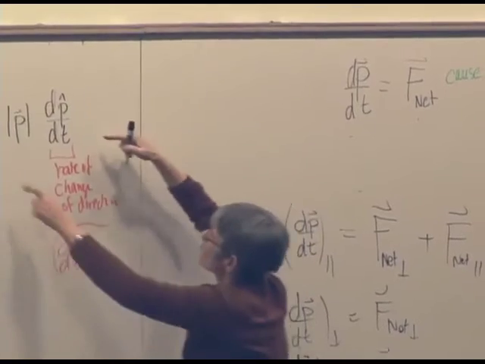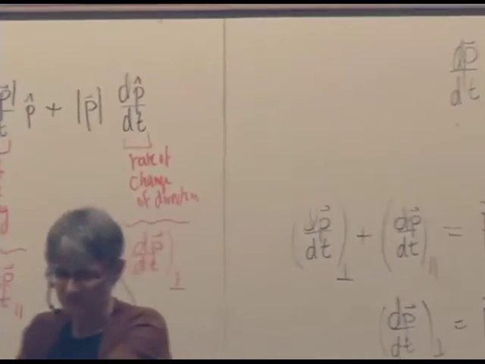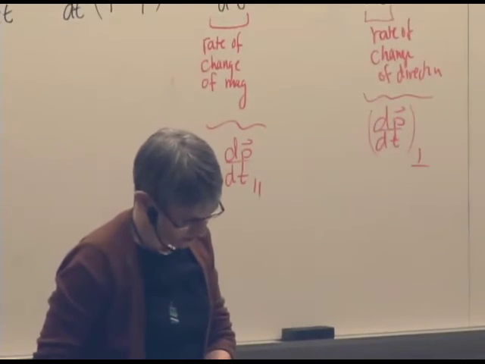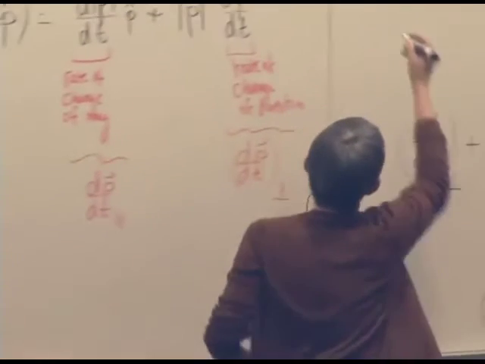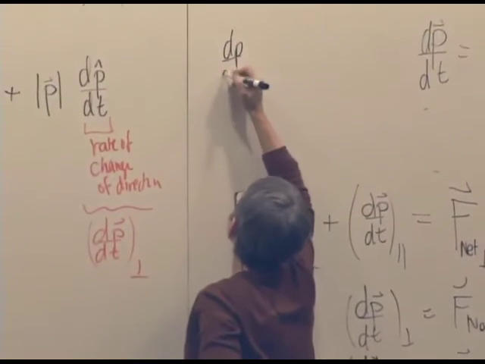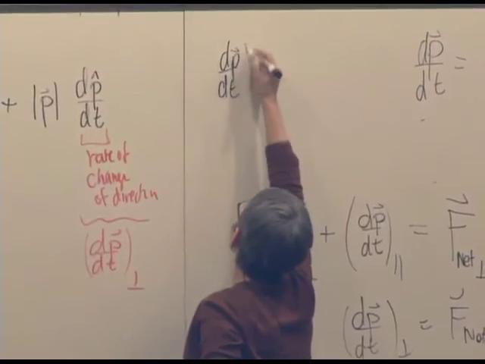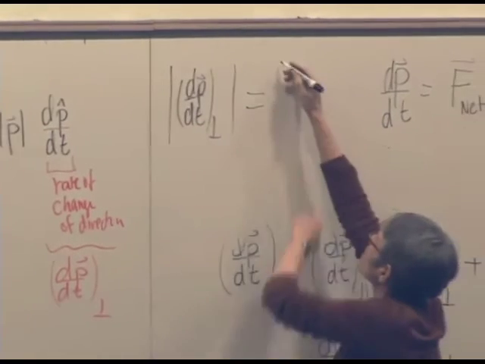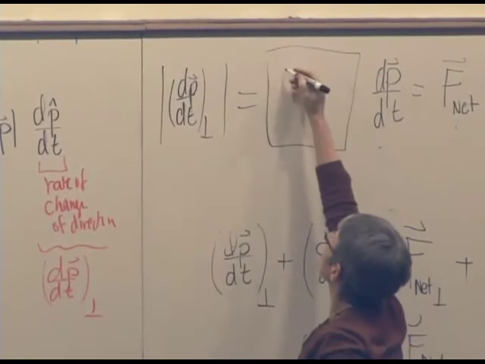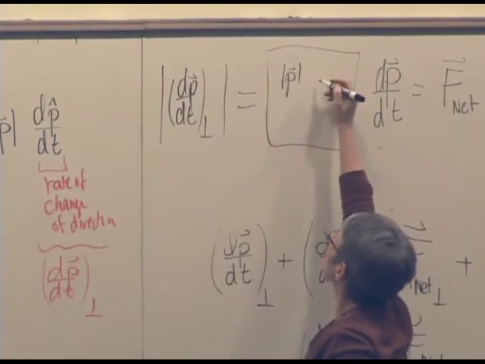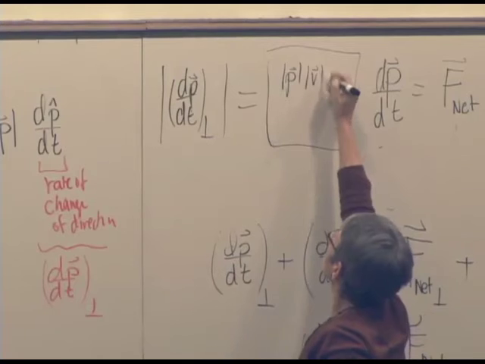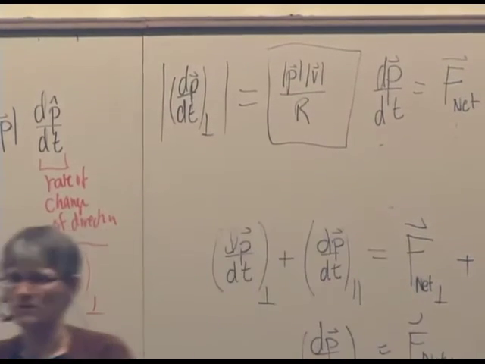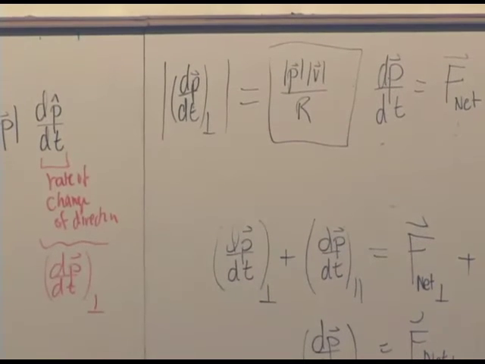We can say that this perpendicular component, dp dt perpendicular, in fact, the magnitude is going to be expressible in terms of quantities we can calculate: the magnitude of the momentum, the magnitude of the velocity, and the radius of curvature. The radius of curvature of what?